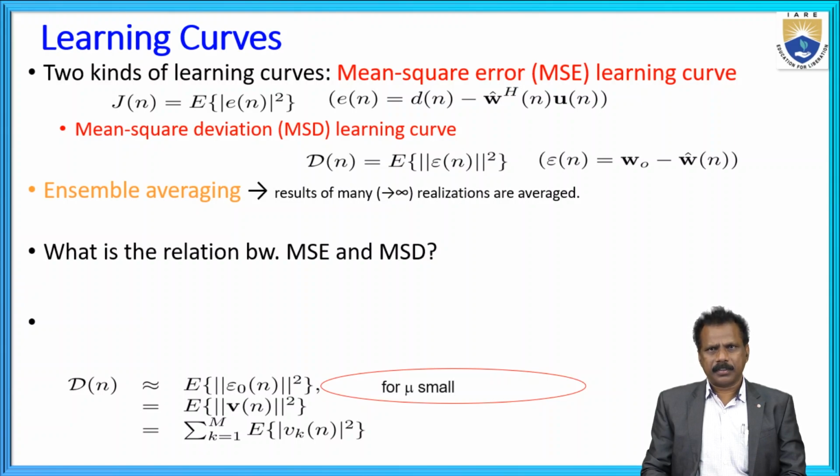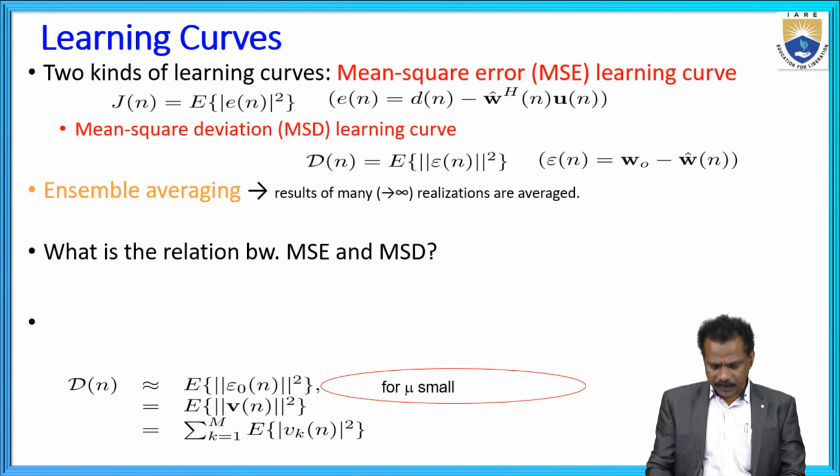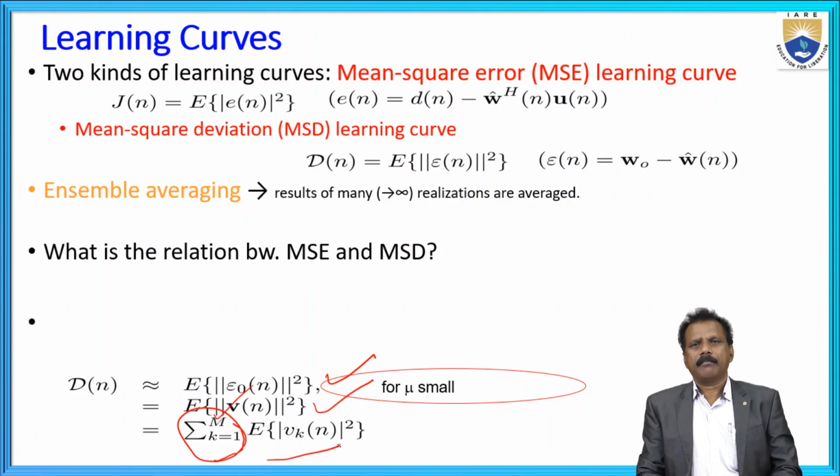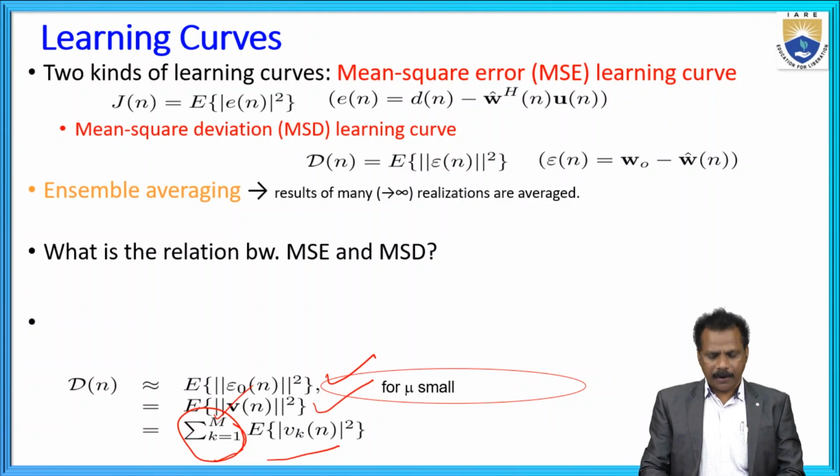So this is for mu small, mu large, and medium. d of n is approximately equal to this, and d is equal to the summation for k equal to 1 to m, e of v k of n squared.